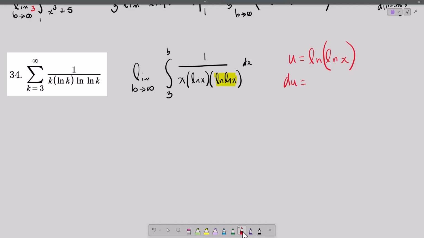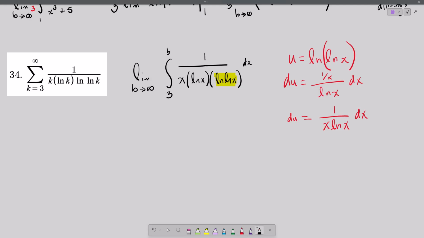The outer ln, the derivative of it is 1 over the inside, multiplied by the derivative of the inside. And the derivative of the inside is 1 over x. So this turns into 1 over x ln x. Oh, that's present in the integrand. 1 over x ln x is right there.